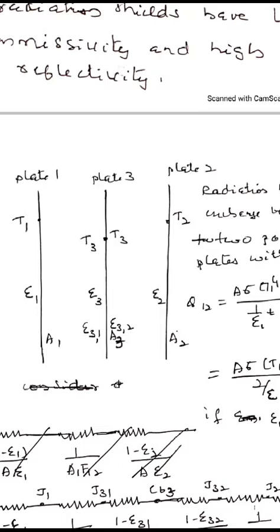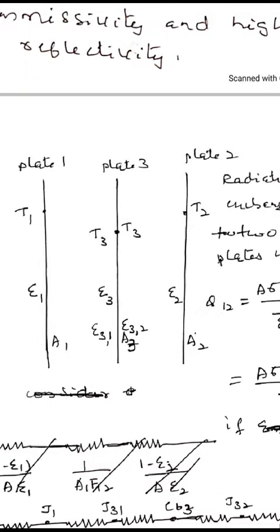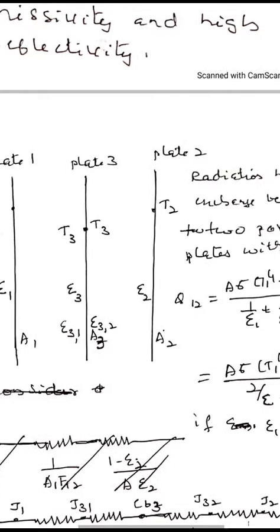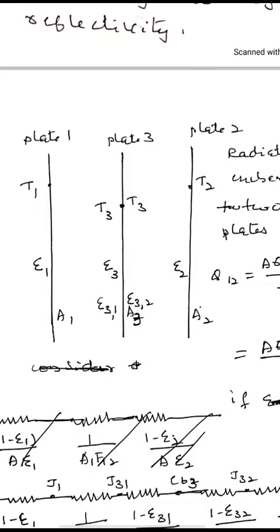Then consider a radiation heat exchange between two parallel plates 1 and 2. The two plates 1 and 2 are maintained at temperatures T1 and T2 and have emissivities epsilon 1 and epsilon 2 respectively.